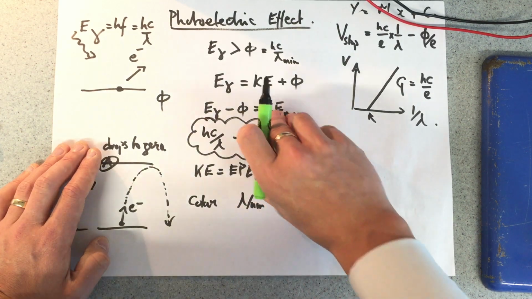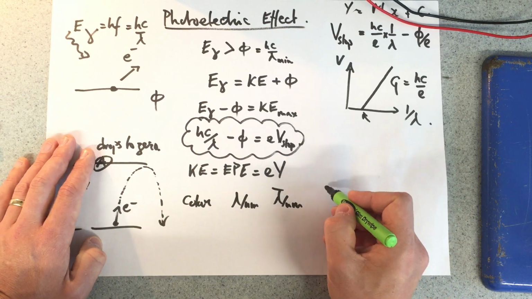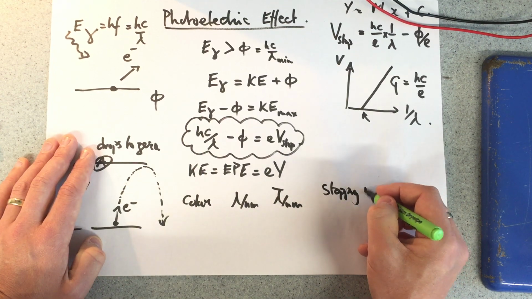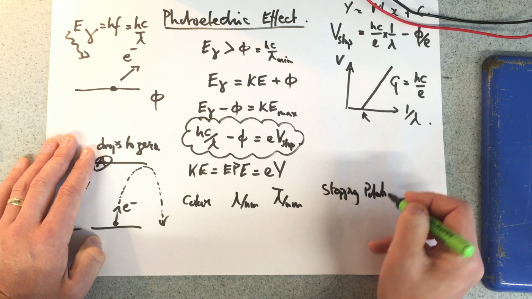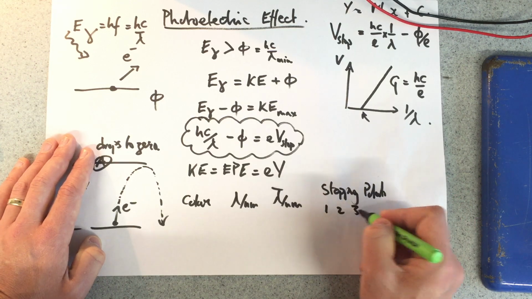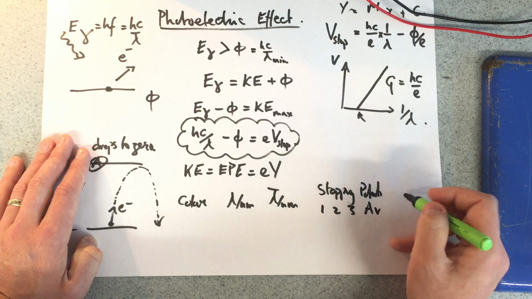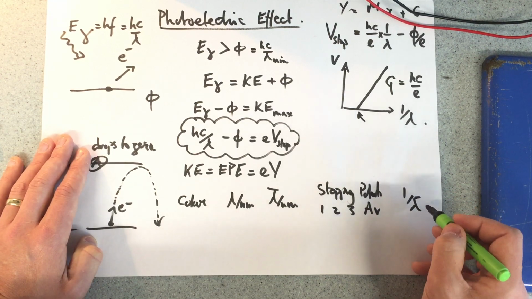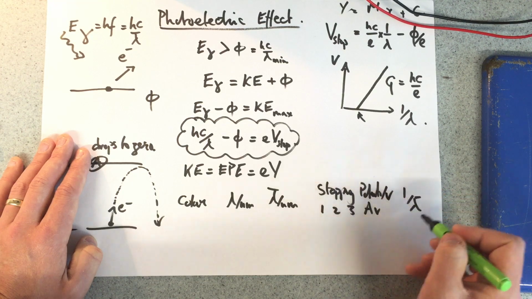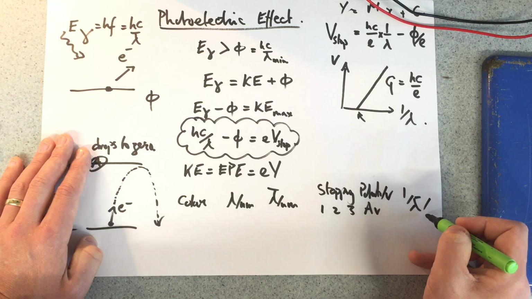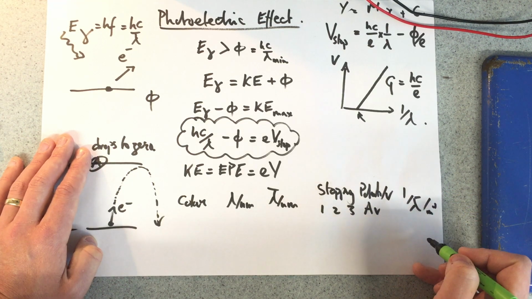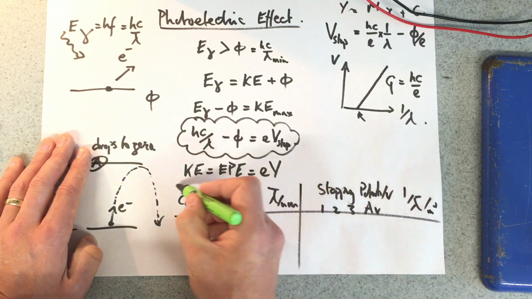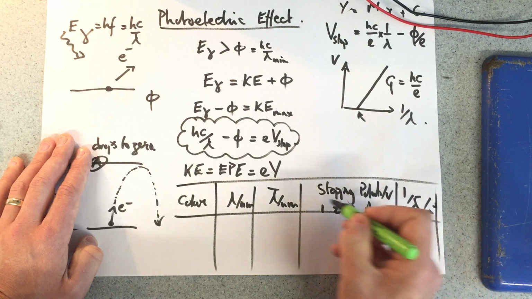Then I'm looking for the stopping potential, once, twice, 3 times, an average, and then finally I'm looking for 1 over the average lambda. And I'll put that in meters to the -1.